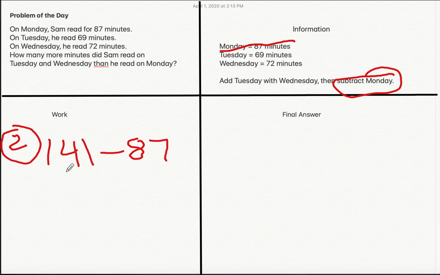I'm going to do it my favorite strategy, add to subtract. So if I have 87 and I'm going to add something to it to get to 100, what do I need to add? Because 100's a friendly number.